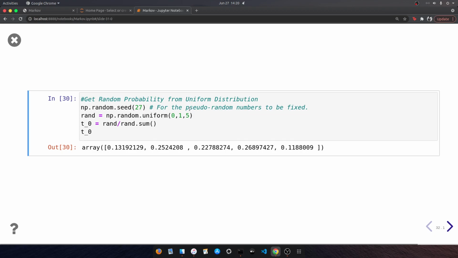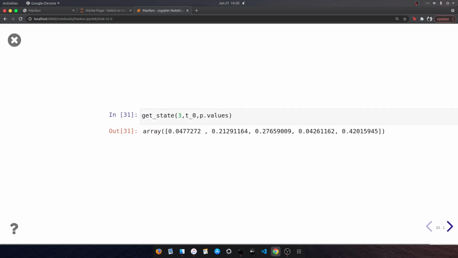I think it is quite a reasonable assumption. So we draw from the continuous uniform distribution, and I just made some modification to ensure that what we get is a probability vector or a random vector.